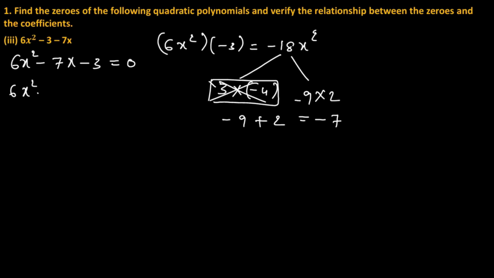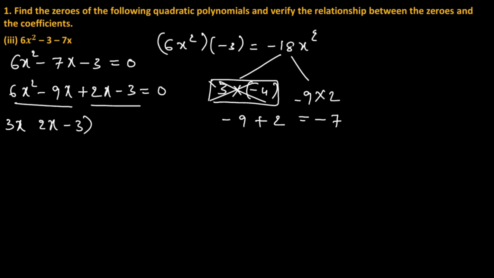So 9 and 2 are possible. 6x square minus 9x plus 2x minus 3 is equal to 0. In these two, we can take x common; in the next two, you can take 3 common. So the common will be 2x minus 3.